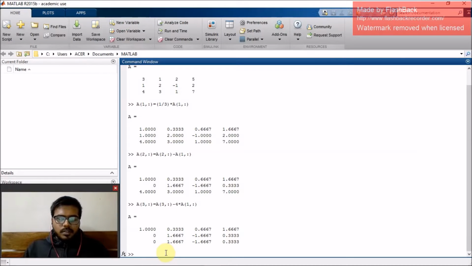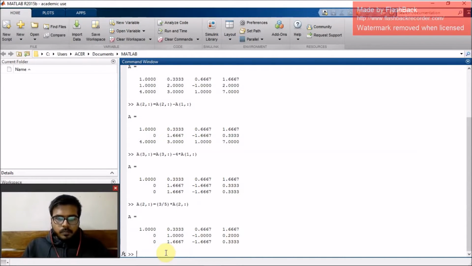How you do that is you put A, you select the second row, then the second row is equal to 3 divided by 5 into the second row again. There you have it. Now this element is 1.